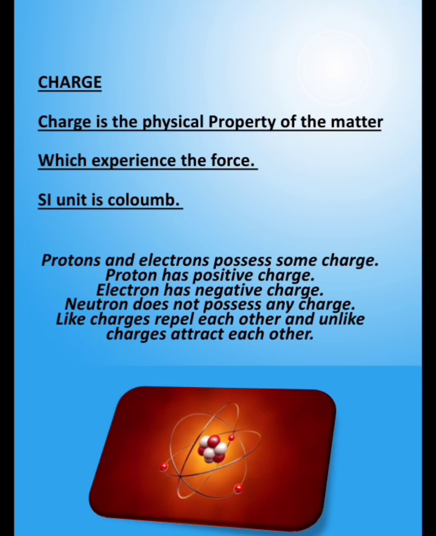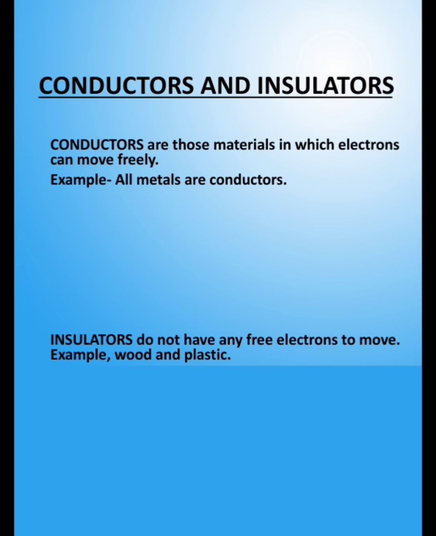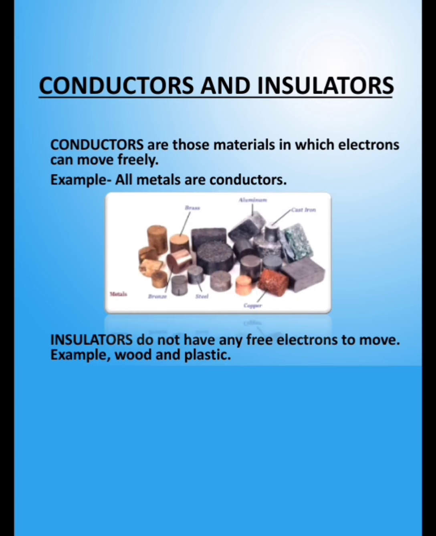Clear? So my question is, will all substances have these charges? Definitely not. There are only a few substances which allow these charges to flow through them. Those substances we call conductors. Conductors are the substances which allow charges to flow through them.